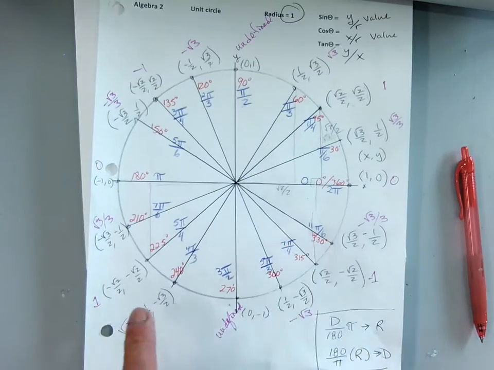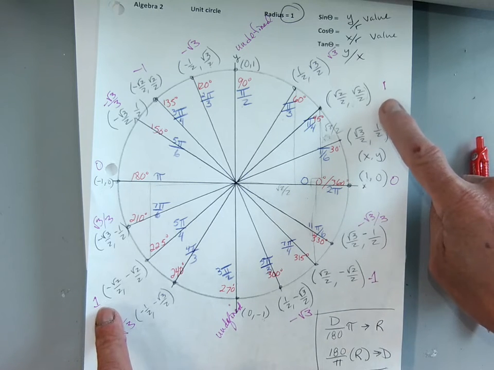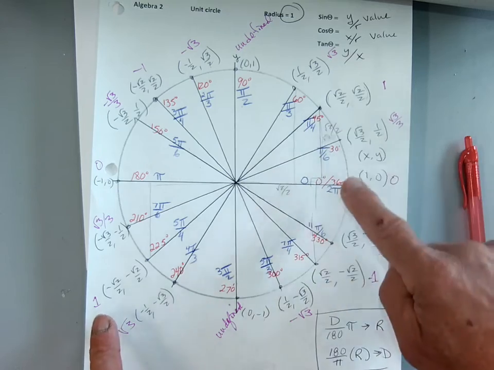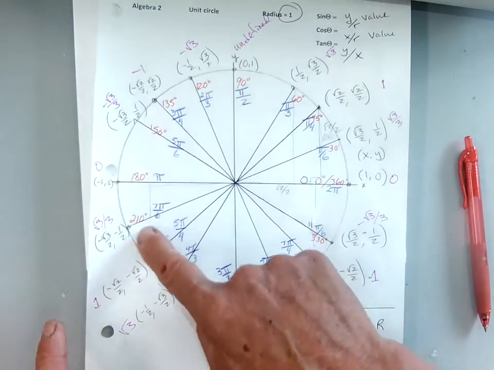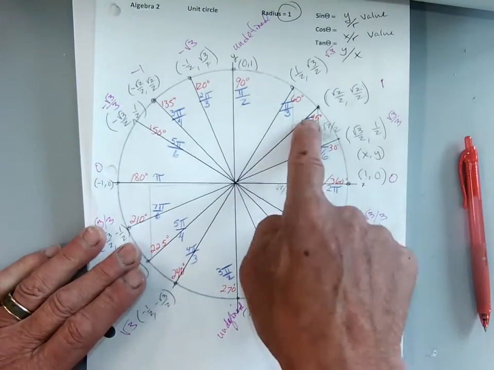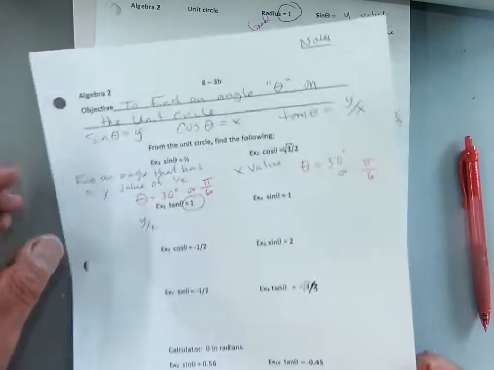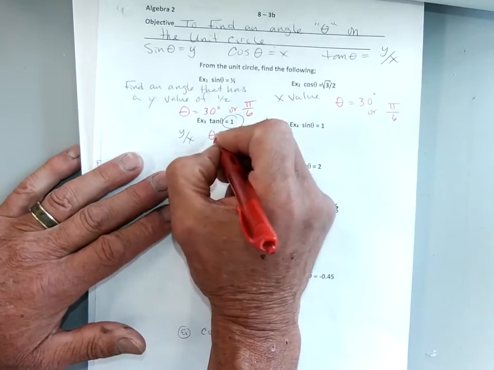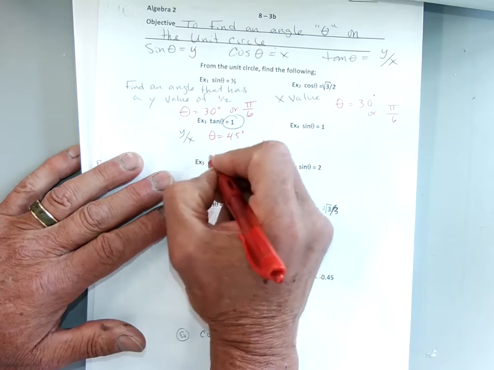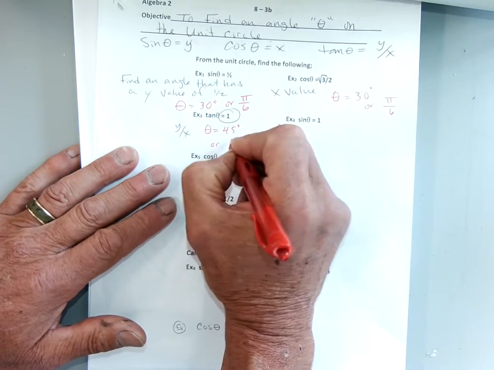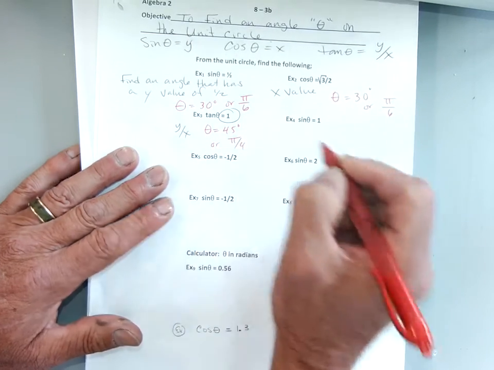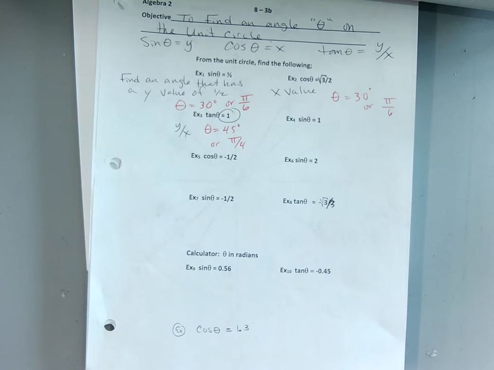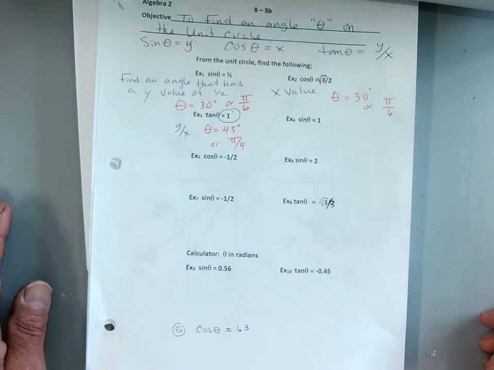And it's also here. It's both spots, right? We want the one that's closest, either 45 degrees or 225 degrees. The one that's closest is obviously 45 degrees. So my angle theta is 45 degrees, or the radian, pi over 4. Same angle, different name. One's radians, one's degrees.